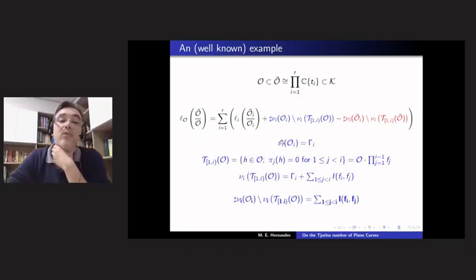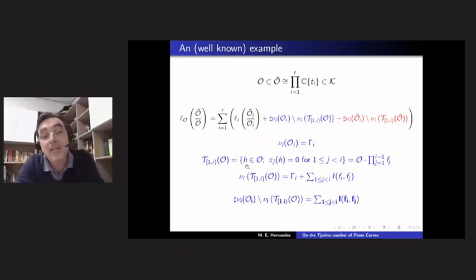The blue part corresponds to the valuation of O_i, which is precisely the same group associated to the branch F_i. We denote it by gamma_i. So the T interval of O is, by definition, the elements in the local ring such that the projection of H is 0 for every branch from 1 to i minus 1.